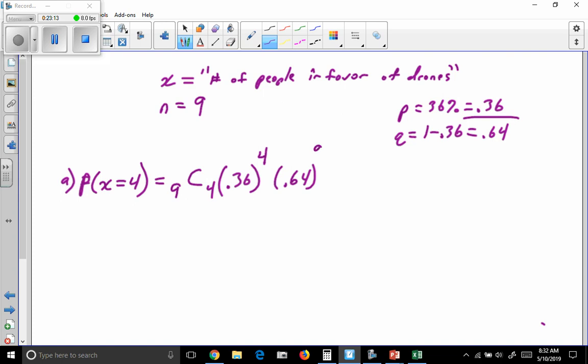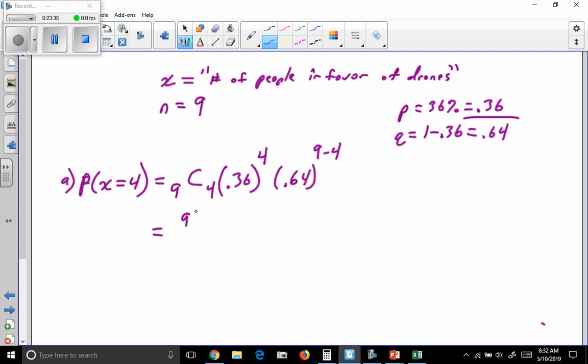Out of 9 trials, 4 were successful, so that leaves us the difference: 5 failures. If we need to calculate this combination, if we have 9 people and 4 are in favor, how many ways are there of selecting 4 in favor out of 9 people?